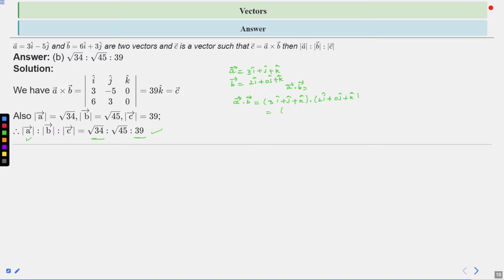So you will get 6 plus 0 plus 1 equal to 7. Clear? Yes or no?